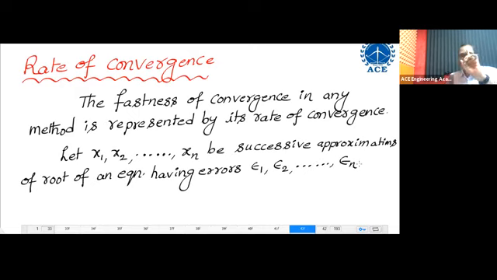Remember, x1 is the first approximation and epsilon 1 is the error value at the first approximation. If x2 is the second approximation, epsilon 2 is the error at the second approximation. xn is the nth iteration value and epsilon n is the error value at the nth approximation.